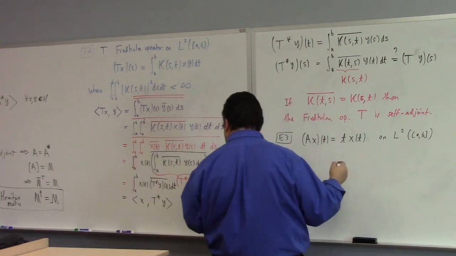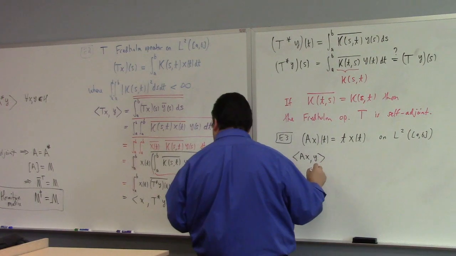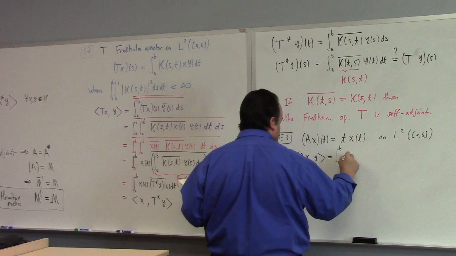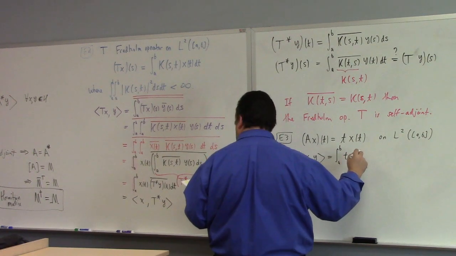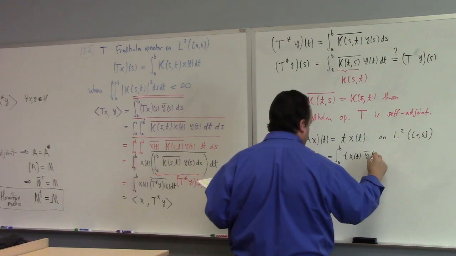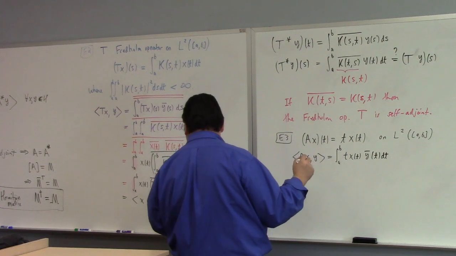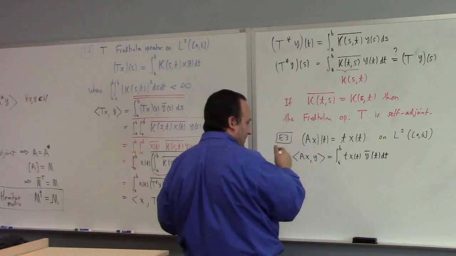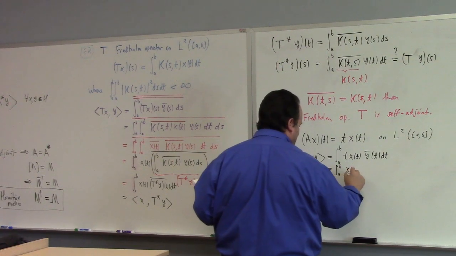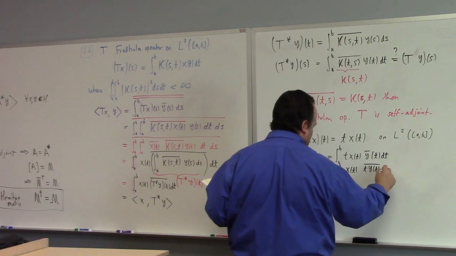And it's pretty easy to check that this is self-adjoint if we calculate the inner product of Ax with y: the integral from a to b of t x(t) times y conjugate of t dt, which he points out, this is very silly, is the integral from a to b of x(t) times t y(t) conjugate dt.